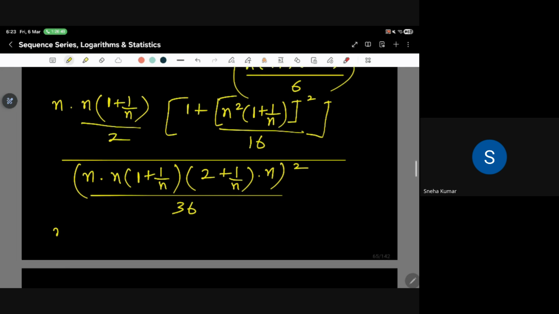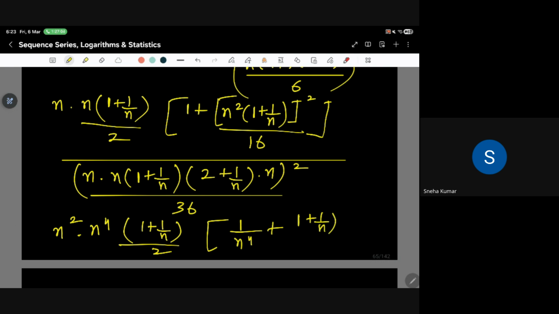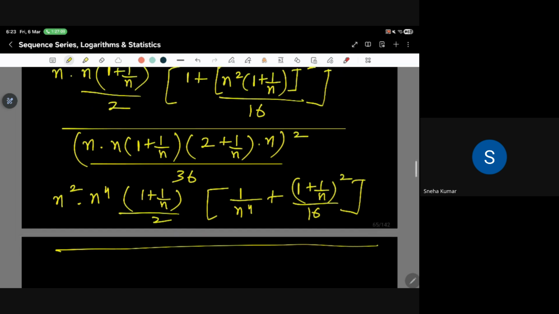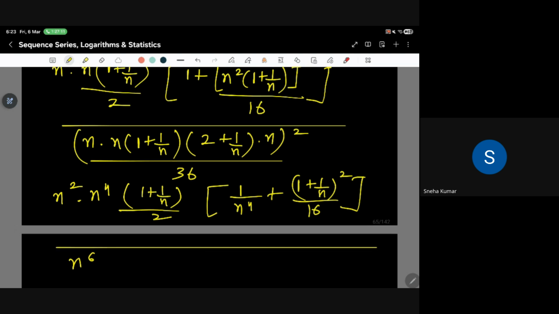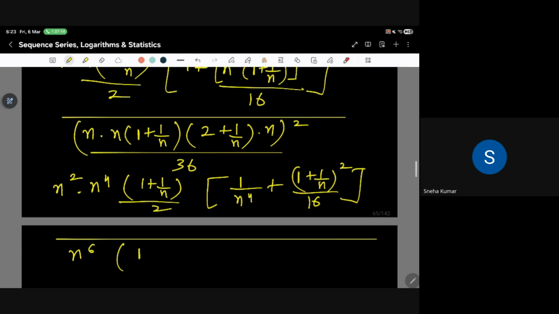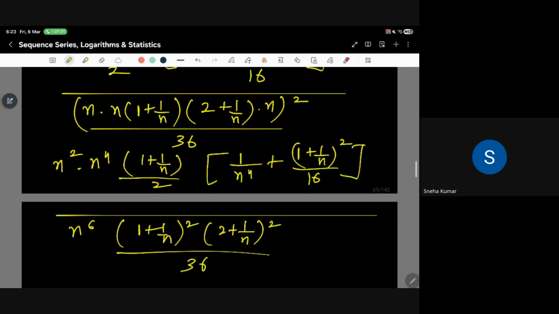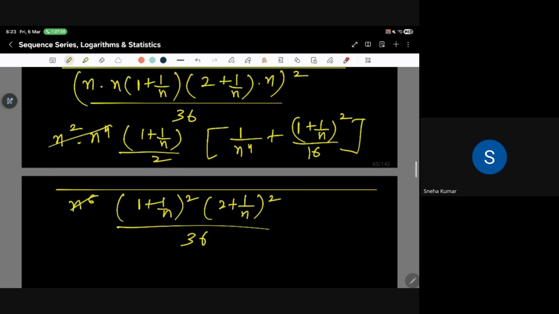So this thing becomes n square, n to the power 4, 1 plus 1 upon n, and here it becomes 1 upon n to the power 4 plus 1 plus 1 upon n, and in the denominator n to the power 6. This part completely got cancelled out.